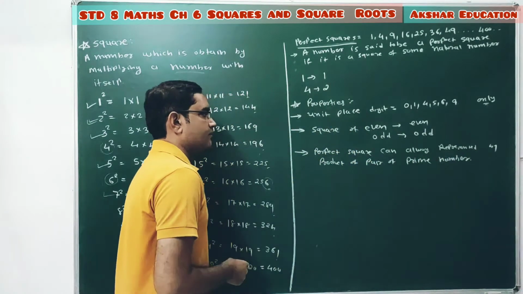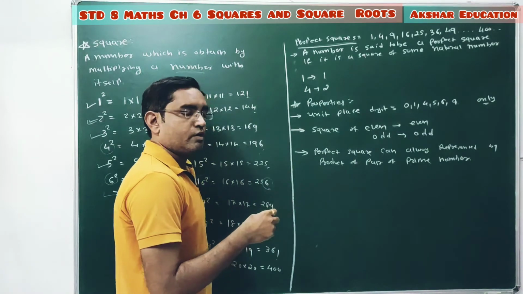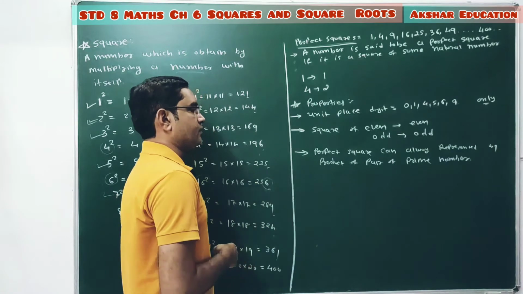So what is the meaning of this? A perfect square number can always be represented by the product of pairs of prime numbers.